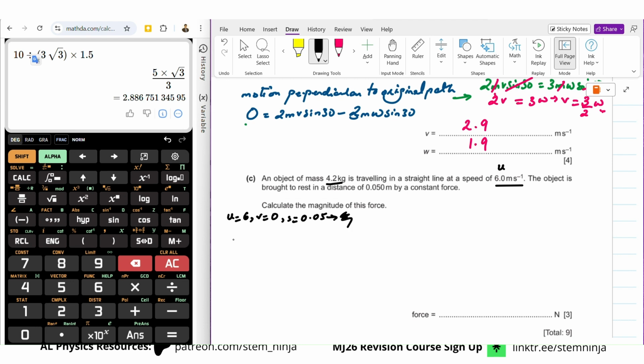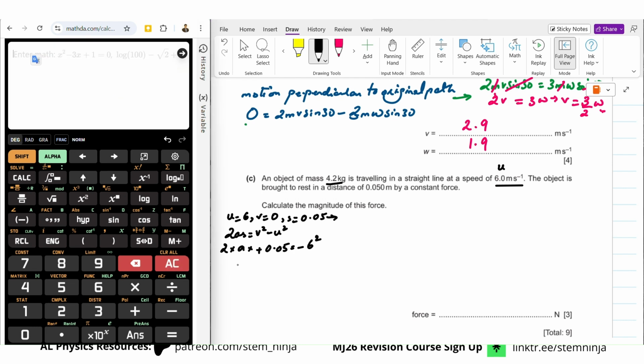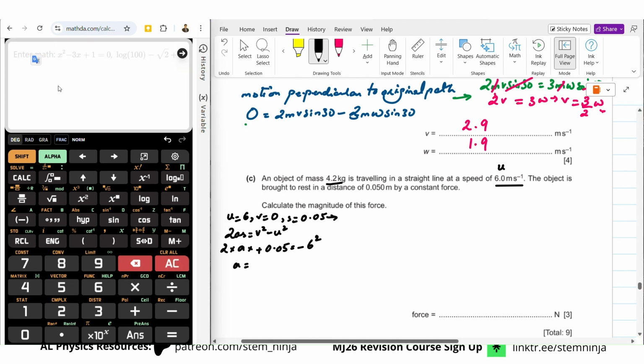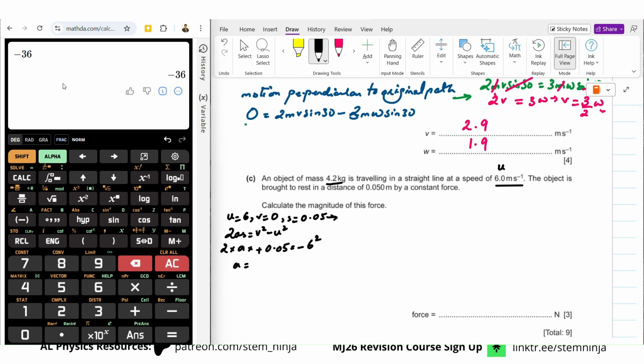So acceleration is going to be, from v squared minus u squared equals 2as, supposed to come out negative. So v squared is 0 minus 6 squared, divided by 2 times 0.05. So acceleration will come out to be minus 36 divided by 2 divided by 0.05.